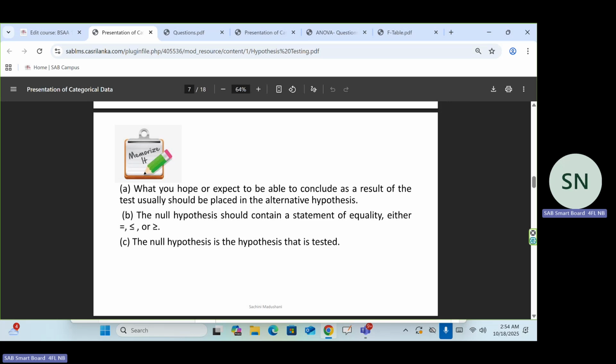Then here we write our claim as the alternative one. But in this statistical procedure we test H naught, not our claim. අපේ claim එක නෙමෙයි testing part එක වෙන්නේ. H naught. It means opposite of our claim. අපේ claim එකේ opposite එක තමයි අපි test කරන්නේ. It's clear? Okay.